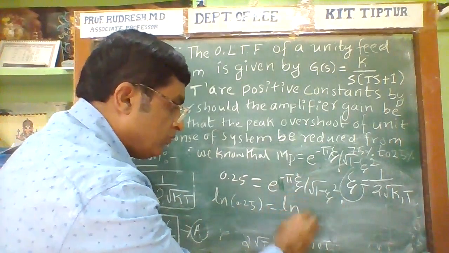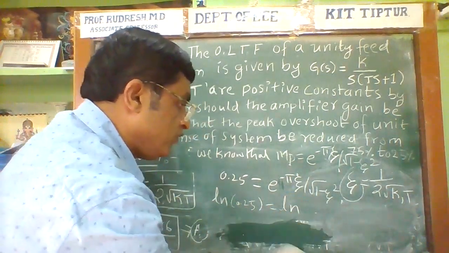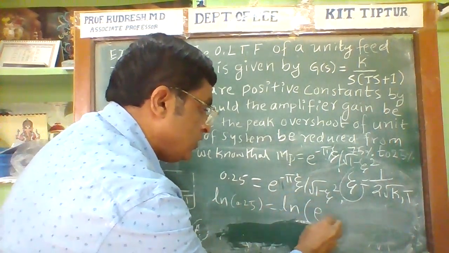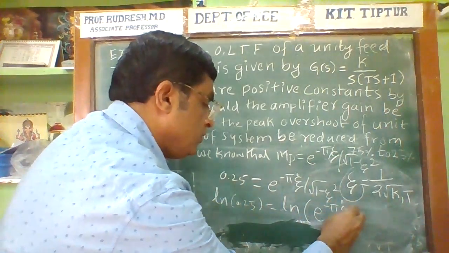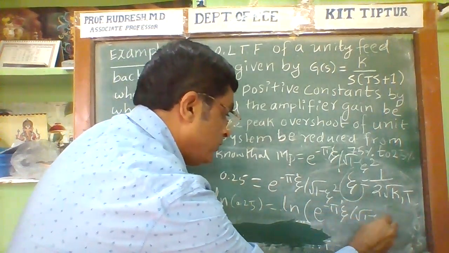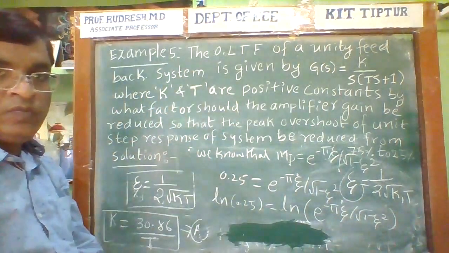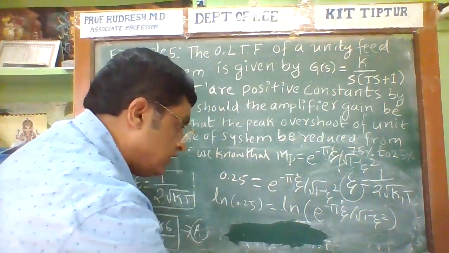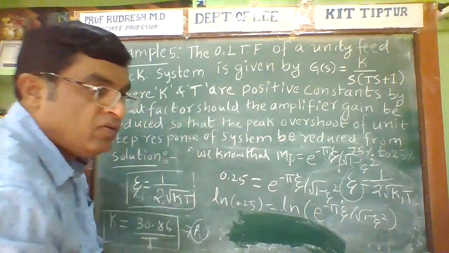So in order to simplify this, take the natural log on both the sides. Then what will be the value of this?